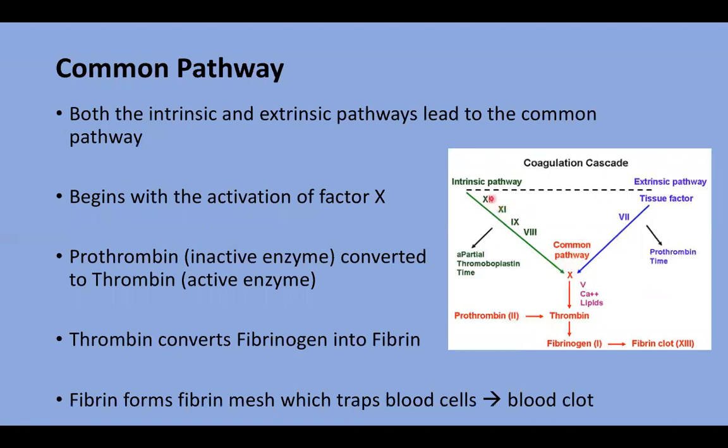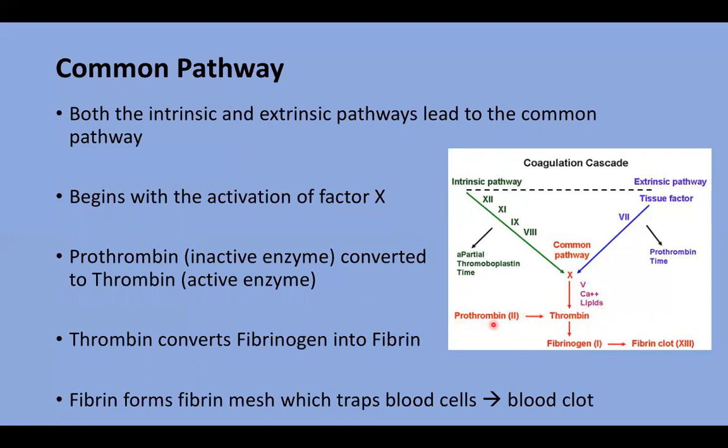Now, regardless of whether we got to this common pathway through the extrinsic pathway or the intrinsic pathway, the common pathway is only going to proceed one way. So both the intrinsic and extrinsic pathways lead to the common pathway. The common pathway is going to begin with the activation of factor 10, or factor X. What is going to happen after this is that an inactive enzyme that is in circulation at all times, called prothrombin, is going to be converted into an active enzyme called thrombin.